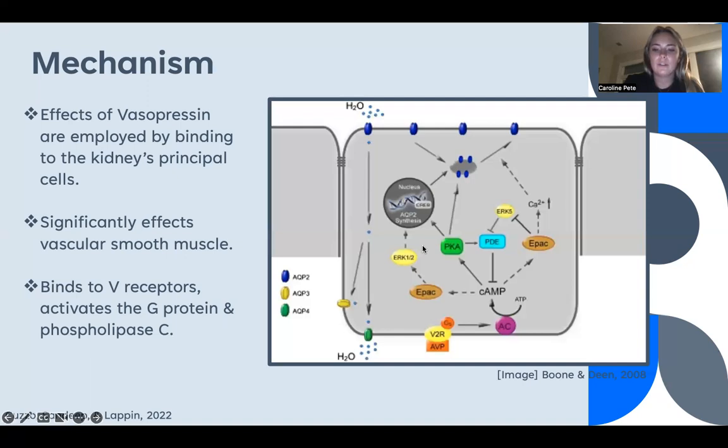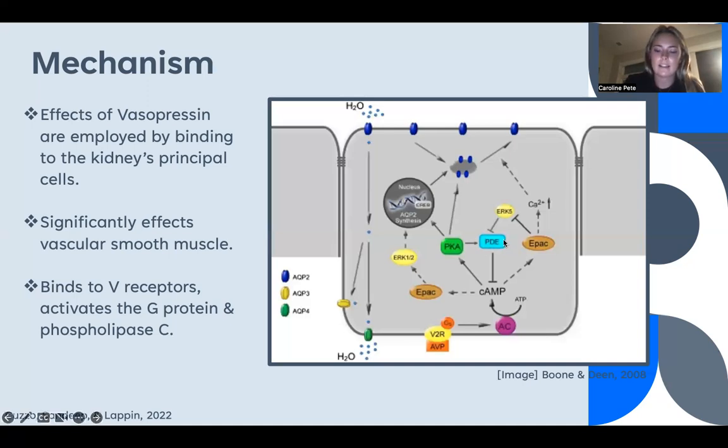And then you can also see that cAMP right here activates the exchange protein EPAC, which increases cytosolic calcium and ultimately facilitates translocation of AQP2.